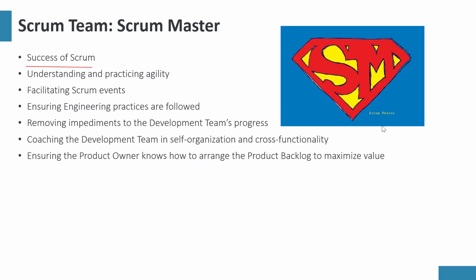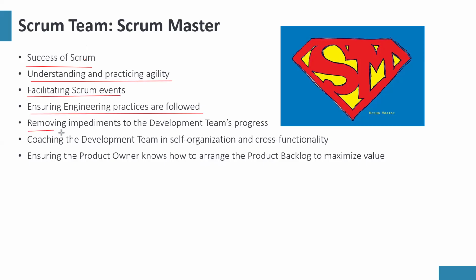Every event you do is timed, from the sprint itself to sprint planning to sprint review to sprint retrospective to daily Scrum. Everything has a time. So Scrum Master is in charge of that. Understanding and practicing agility, facilitating the Scrum events, ensuring engineering practices are followed.